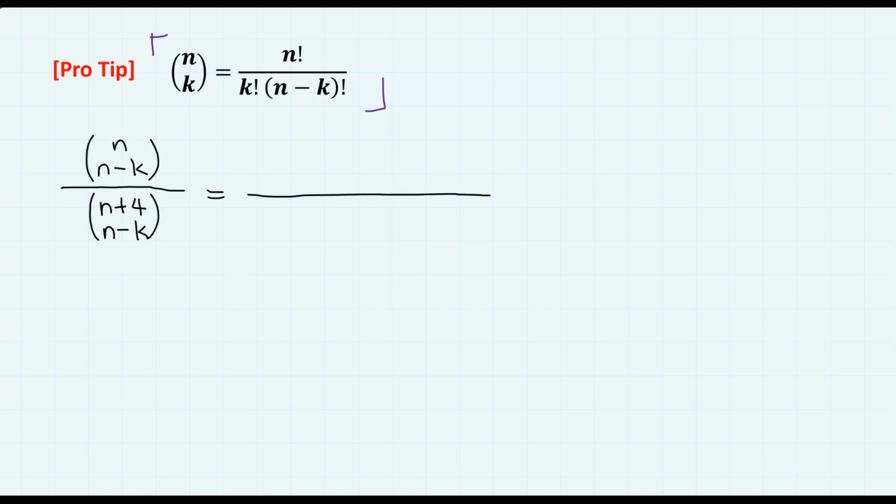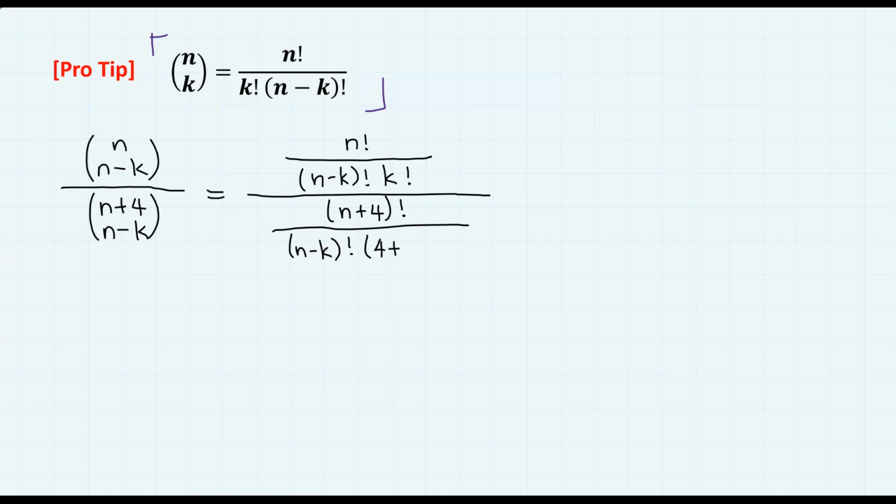Notice that n choose n minus k is equal to n factorial divided by n minus k factorial times k factorial, and n plus 4 choose n minus k is equal to n plus 4 factorial divided by n minus k factorial, and we subtract n minus k from n plus 4, which will give 4 plus k factorial. So we can cancel out these n minus k factorials.